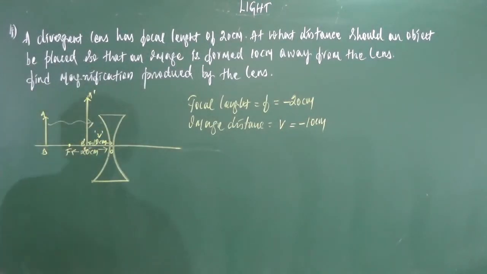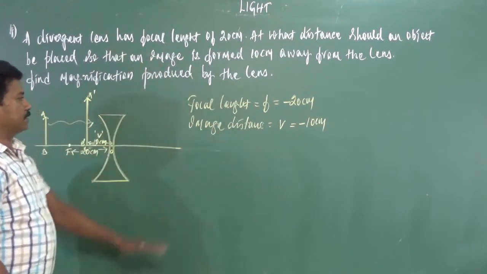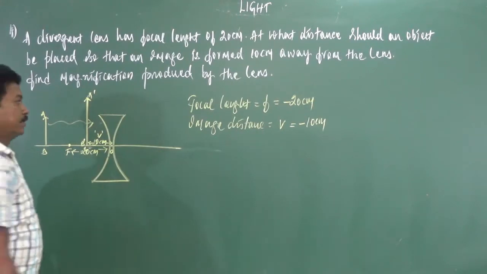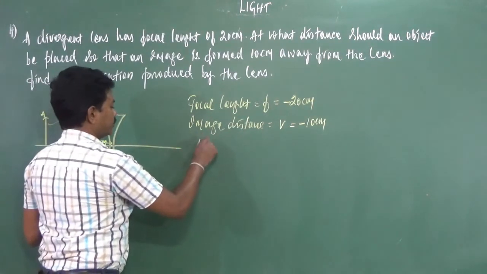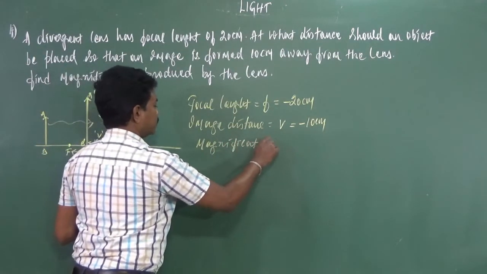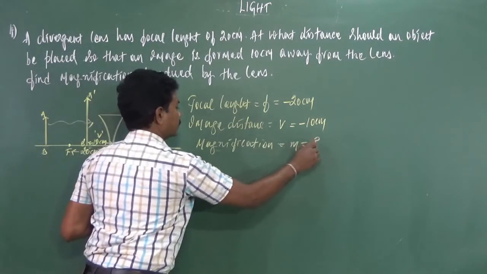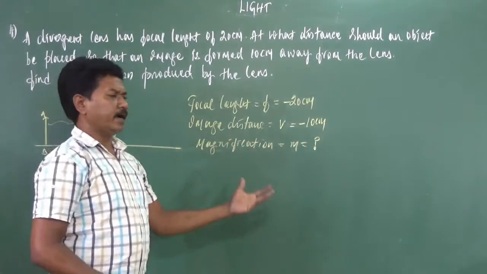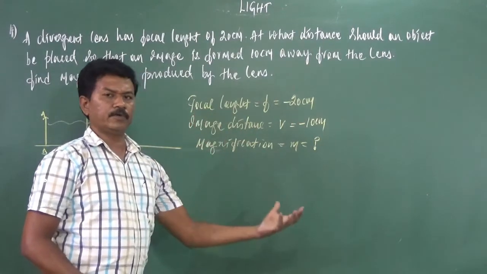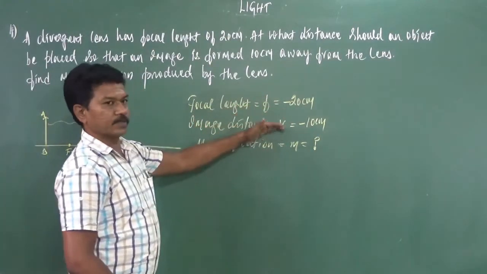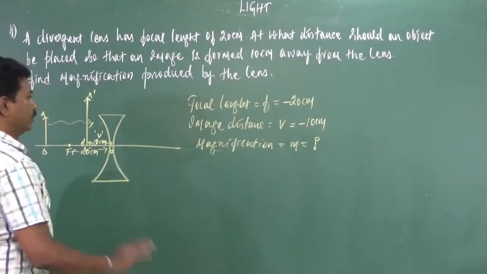So using these two, what we have to find? You have to find the magnification produced by the lens. So magnification M is equal to how much? Don't worry whether M is positive or negative, automatically the value for M comes out, provided you use correct sign conventions for the data you have.